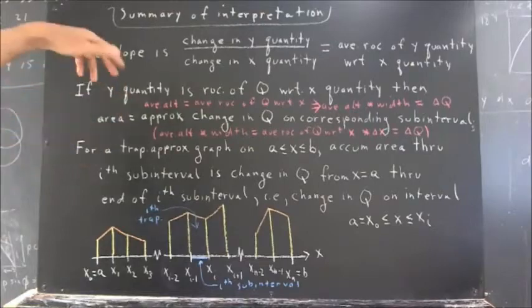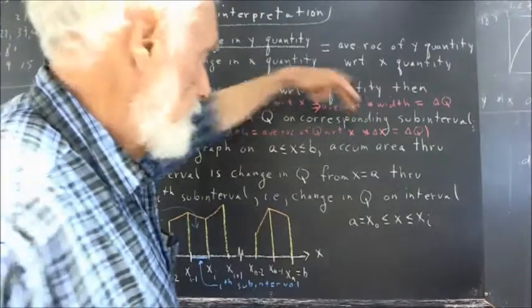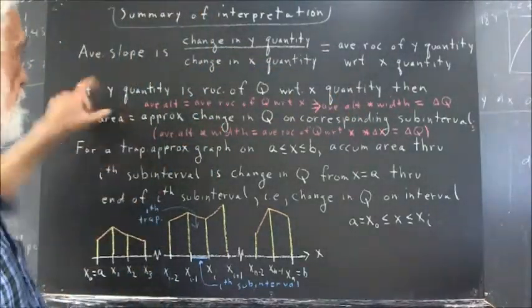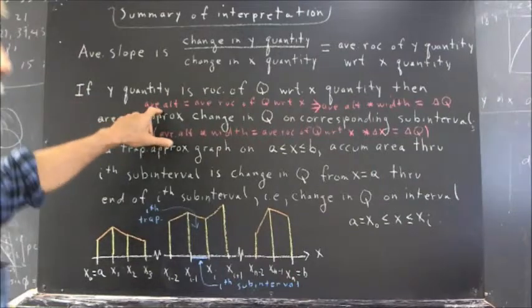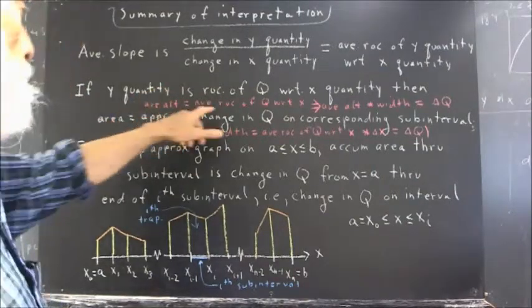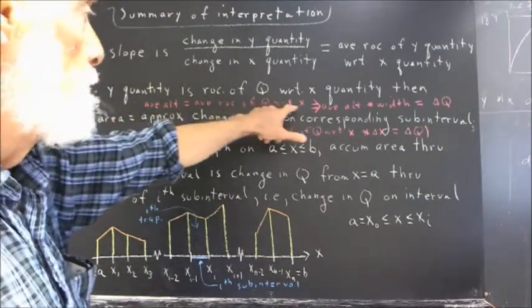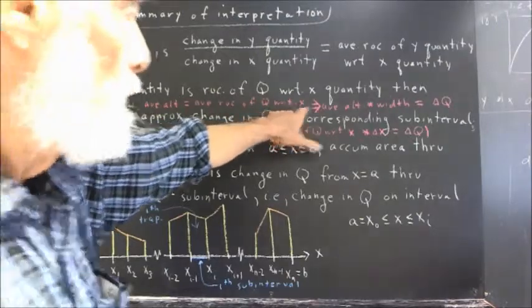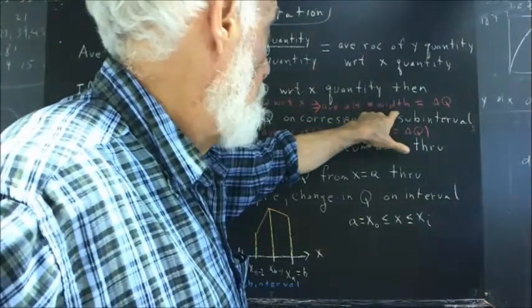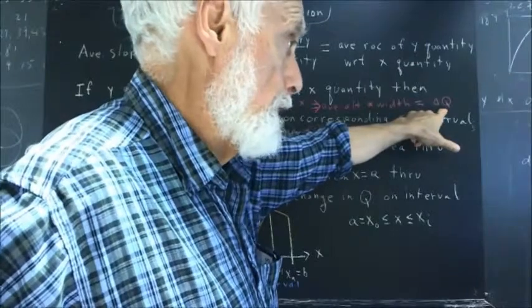Okay, now you can see that I've written in a contrasting color the reasoning behind this statement. Average altitude then represents the average rate of change of q with respect to x, so that average altitude times width is equal to the change in q.